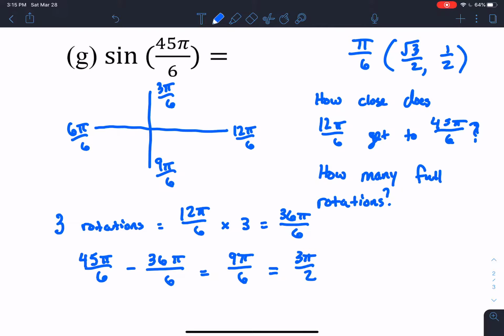So 45 pi over 6 and 3 pi over 2 are going to give you the same answer. They're coterminal with each other. So 3 pi over 2 goes right there on the y-axis.